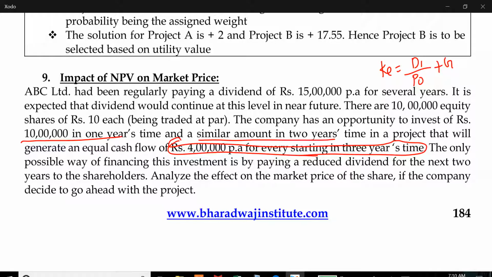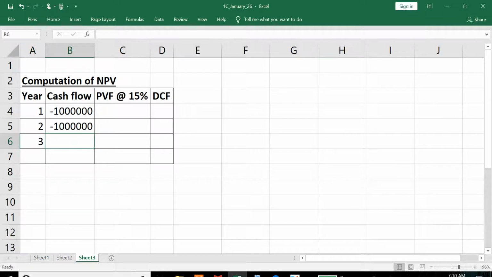Perpetuity is perpetuity amount divided by the cost of capital or cost of equity. 4 lakh divided by 15% is 26 lakh 66,667.